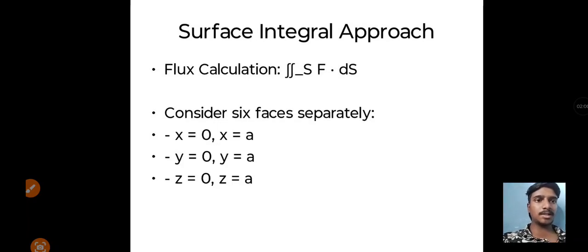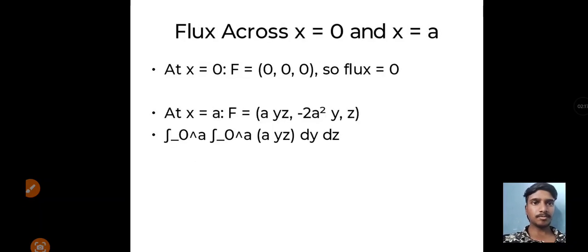Surface integral approach. Flux calculation: integral over S of F dot dS. Consider six faces separately: x = 0, y = 0, z = 0, x = a, y = a, z = a. Flux across x = 0 and x = a: at x = 0, F = (0, 0, 0), so flux is 0.